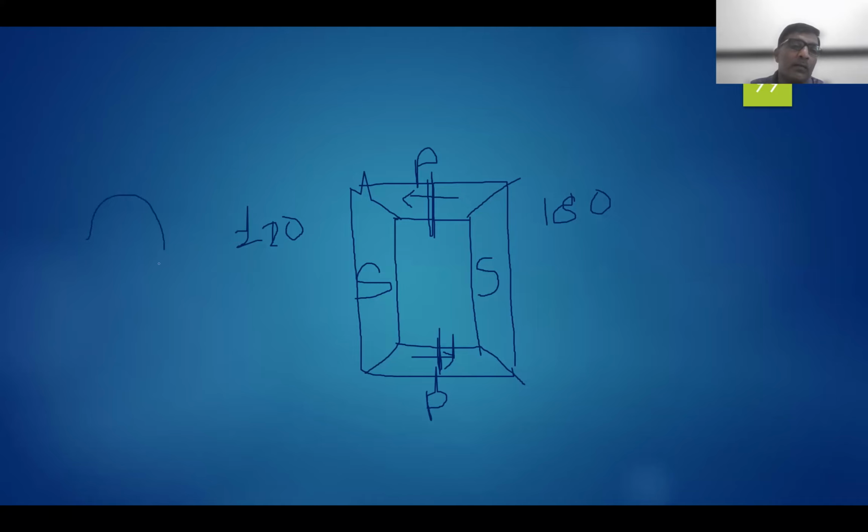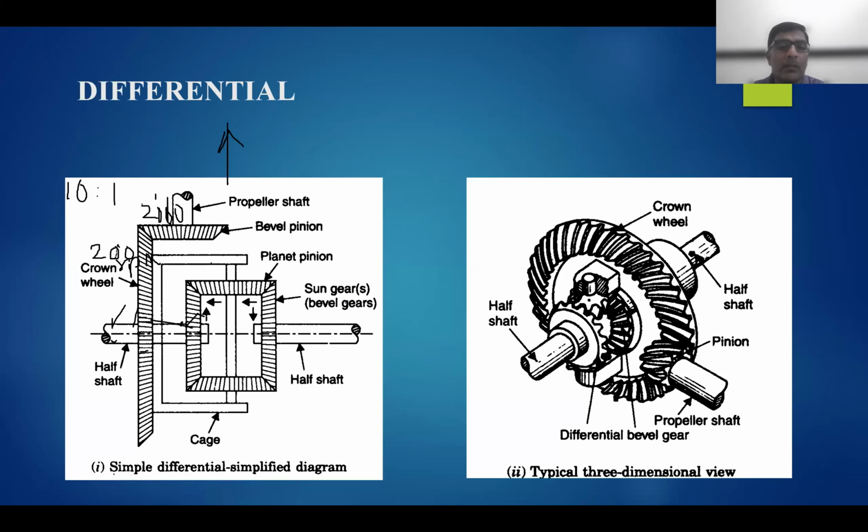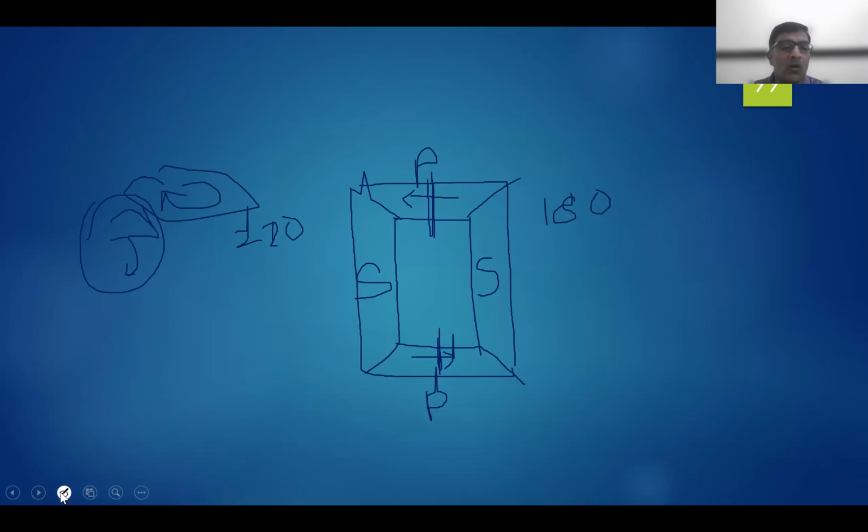So this is the sun gear. This will rotate like this, and we are going to provide a pinion that will help it rotate in the same direction, and that gives higher speed. So this arrangement will enable to increase the speed of one axle, and decrease the speed of the other axle.